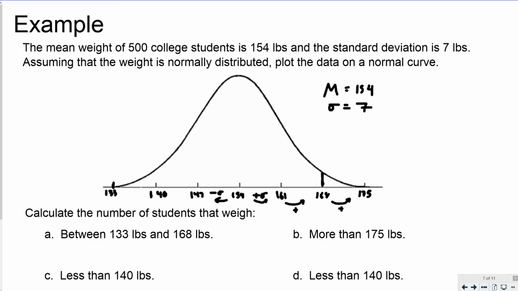So this is 2 standard deviations, 1 standard deviation, 2 standard deviations this way. So we went plus 2 this way. And then it is 1, 2, 3 standard deviations this way. So it's minus 3 standard deviations this way.